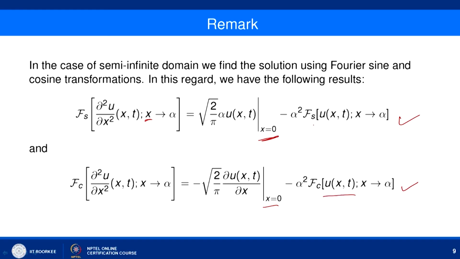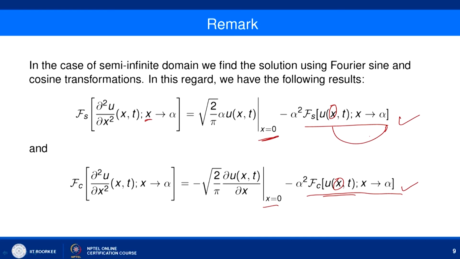This simply represents that we are finding the Fourier sine transform of u with respect to the variable x, and this represents that we are finding the Fourier cosine transform of u with respect to x, and we are considering alpha as the frequency domain here.